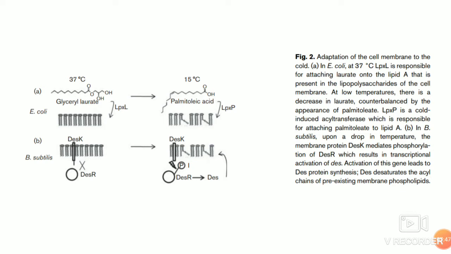Low temperature causes a decrease in membrane fluidity, which favors the active site of DesK kinase. DesK phosphorylates the transcription activator DesR, which subsequently binds to the promoter of the des gene and activates Δ5 desaturase. This enzyme introduces a double bond into the pre-existing fatty acid tail of phospholipids inside the cell membrane. So that helps in increasing the membrane fluidity.